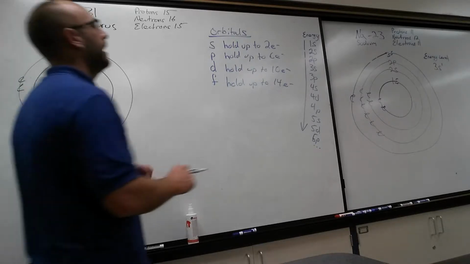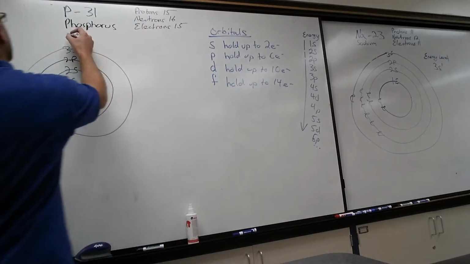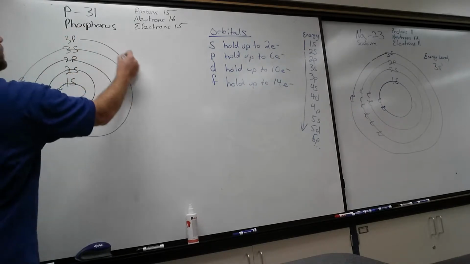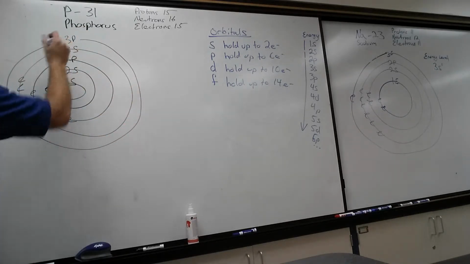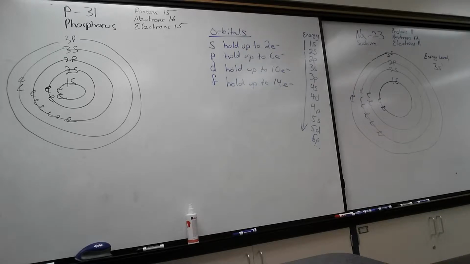And then after 3s is 3p. And 3p can hold up to 6, but how many do I only need? 3. So subtraction's killing us. Electrons, guys. 15 electrons, what we're going for.